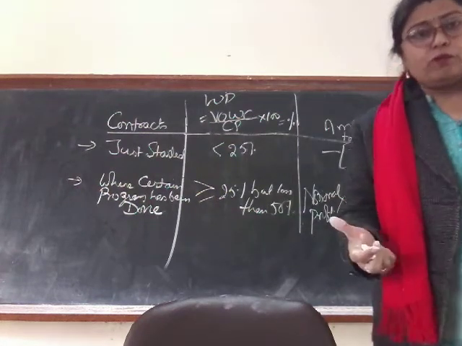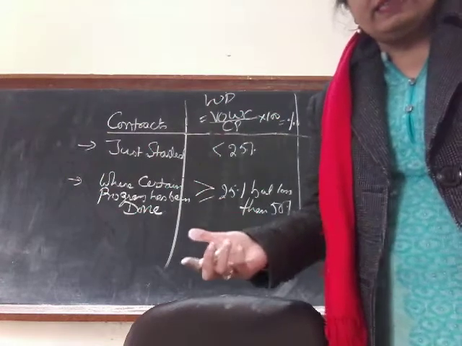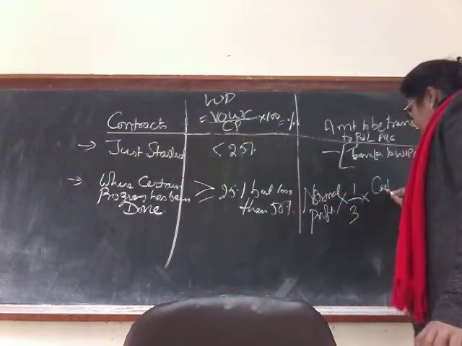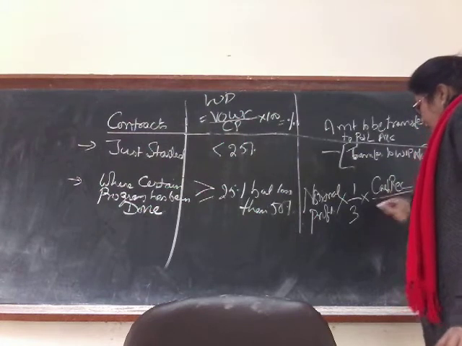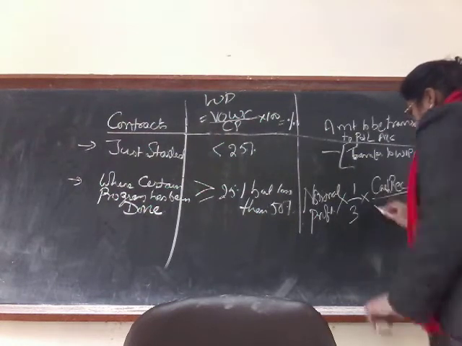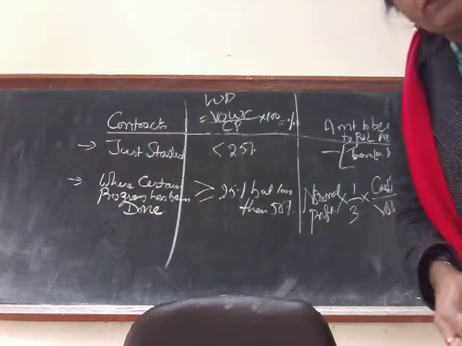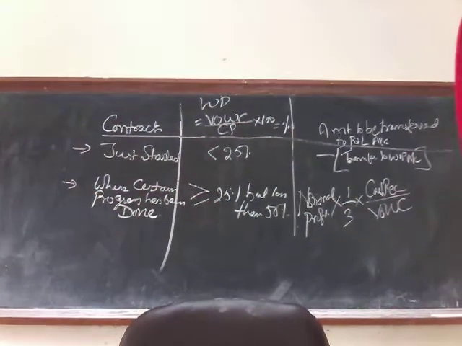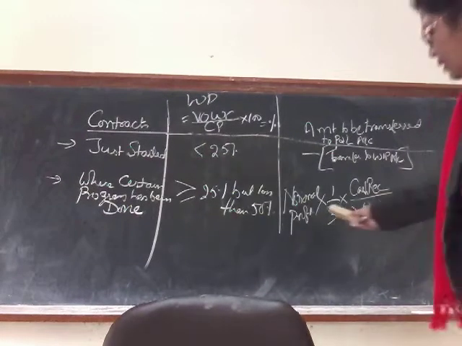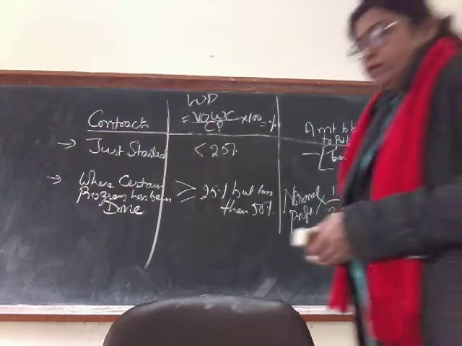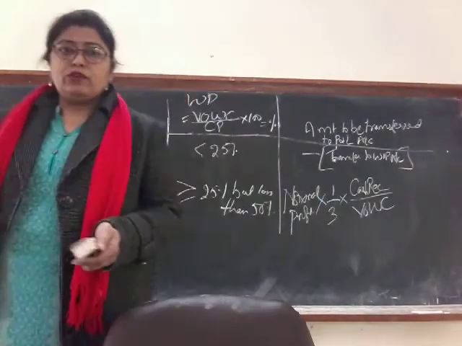This is a standard formula and we have to take it as like this only, into cash received divided by value of work certified, into value of work certified. So remember this thing. I repeat, notional profit into 1 by 3 into cash received divided by value of work certified.